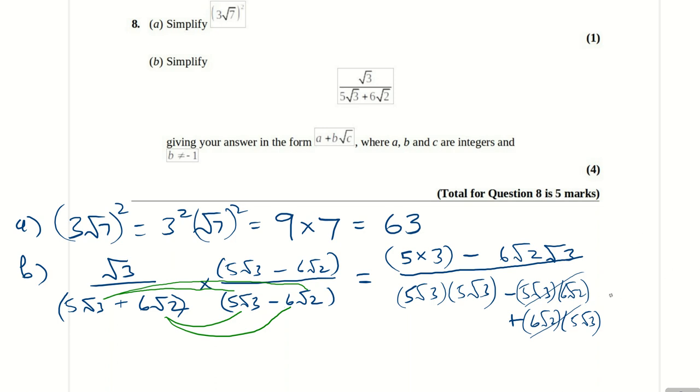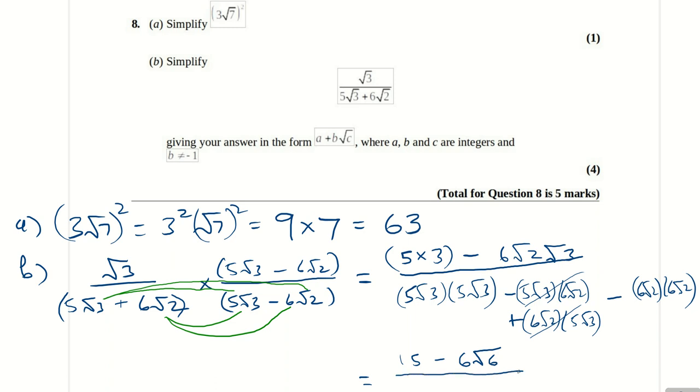And then finally we're going to have minus 6 root 2 times 6 root 2. So that's going to equal 15 minus 6, and root 2 times root 3 is the same as root of 2 times 3, which is root of 6.